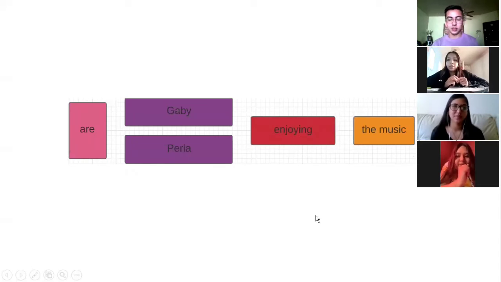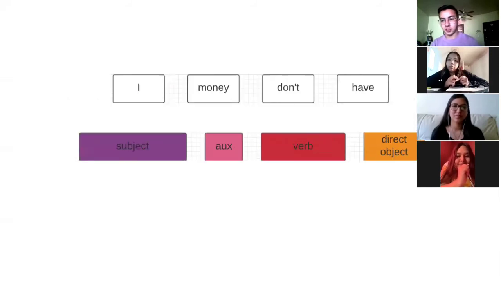Exactly. So now we're going to do a little practice. This is the first exercise. In here we have the four elements of the sentence, and you have to place them in the correct order. So who wants to do this one? Okay, Jesly?